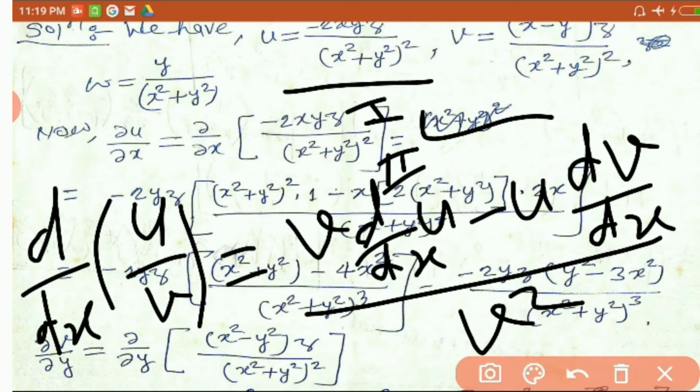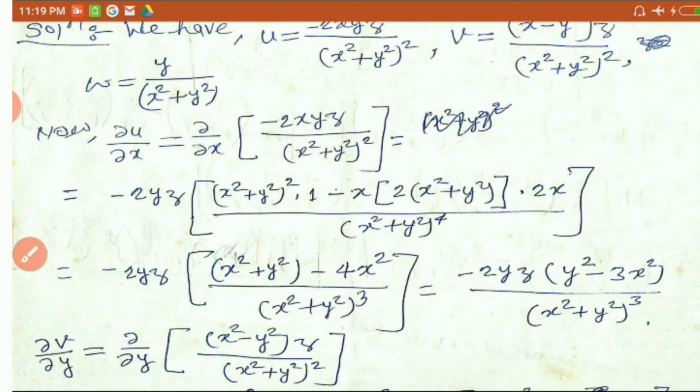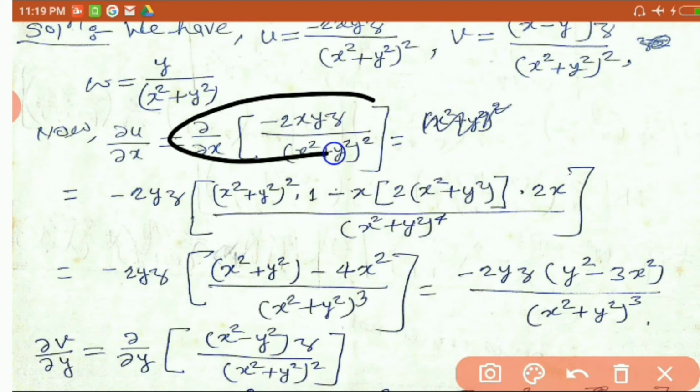By using this formula, we will calculate this derivative. Here the first function is minus 2xyz, the second function is (x² + y²)².